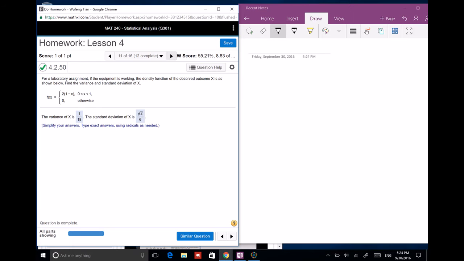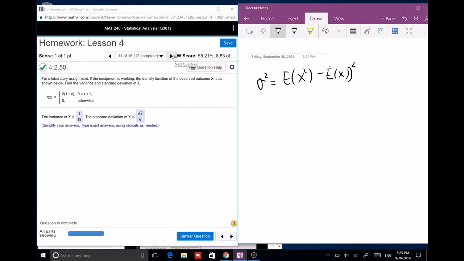Next, the variance of x, sigma squared, as we know, is E of x squared minus E of x, squared. The variance here is from 0 to 1.